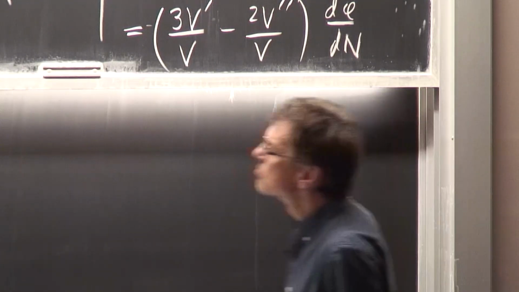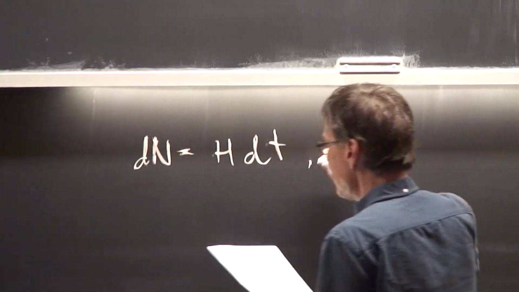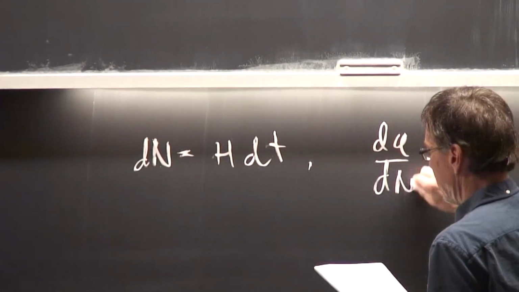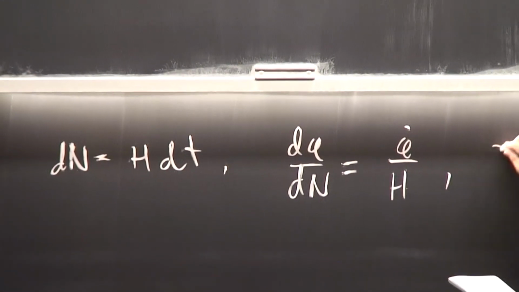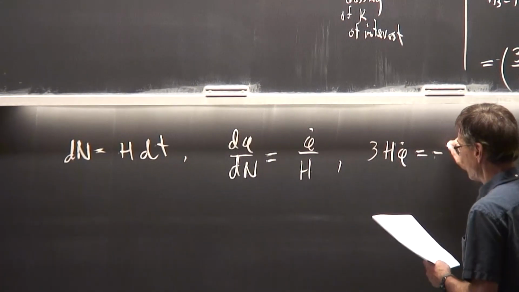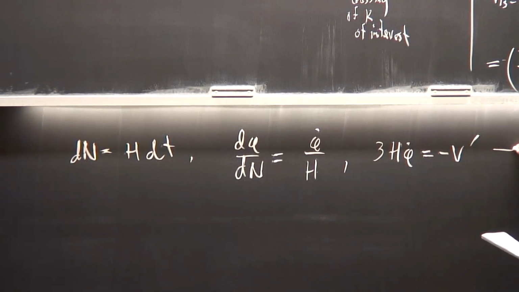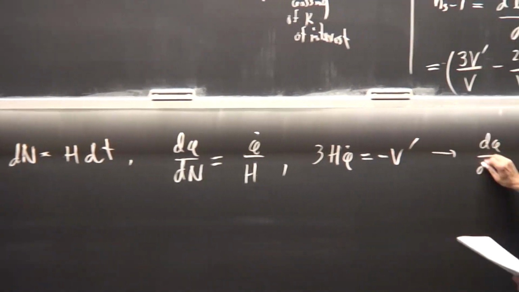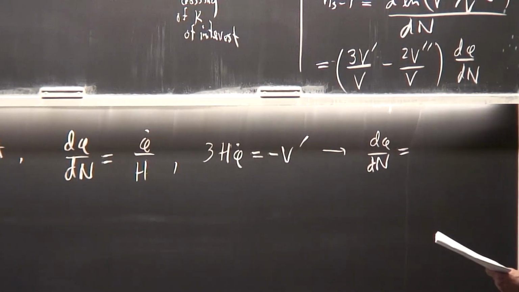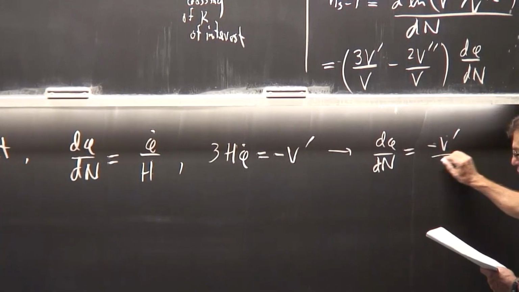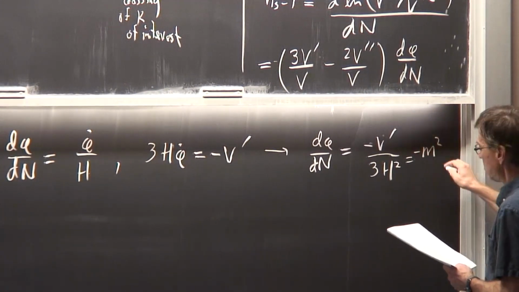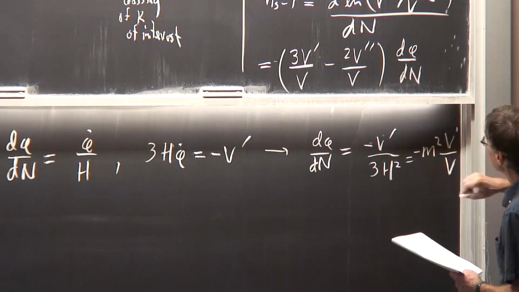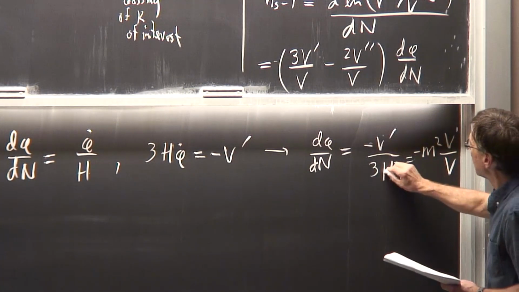Now remember that dN is H dt, so d phi dN is phi dot over H. And we also have 3H phi dot is equal to minus V prime. So d phi dN is minus V prime over 3H squared, which is minus M Planck squared times V prime over V.